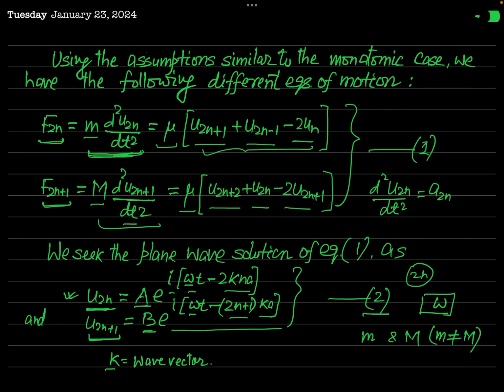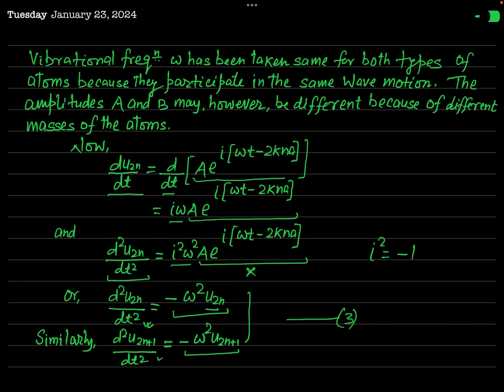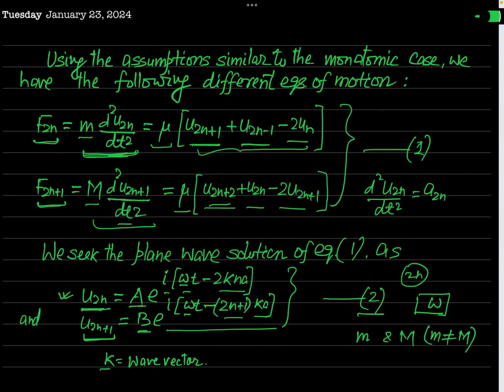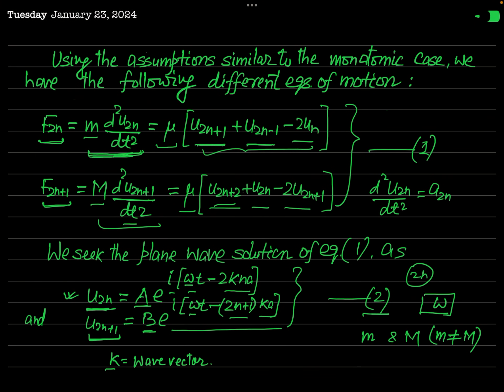But our equation 1 also contains u2n plus 1 and u2n minus 1, and u2n plus 2. So we will write here the expressions for u2n minus 1 and u2n plus 2 on the basis of equation 2.